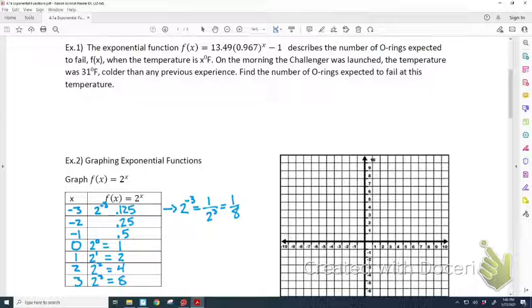Let's plot those points and just plot them as close to the x-axis as you can for these two. And then it slowly drifts away from the x-axis, and then all of a sudden it takes off. If we picked one more x, it would not make it on this grid.